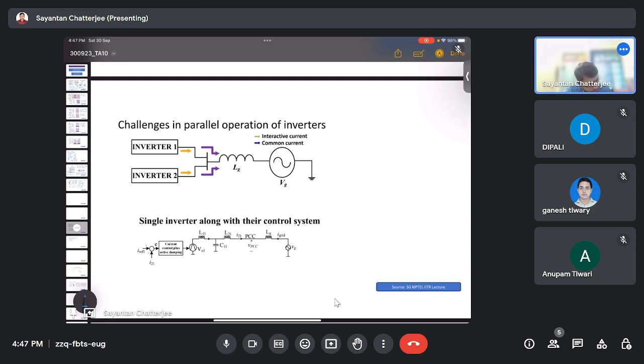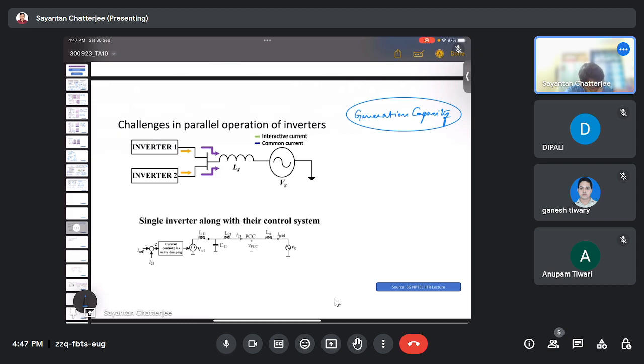So, mainly to improve the generation capacity. What's the need of this parallel operation of inverters? It's just to improve the generation capacity.